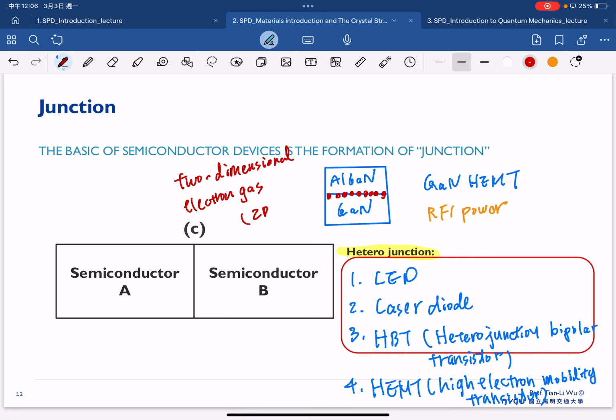That's what we call the 2DEG. That's the key property that makes GaN very suitable for power and RF applications. And this is one example showing that once we understand what happens at the interface, in the junction, it helps us understand the gallium nitride HEMT operation.